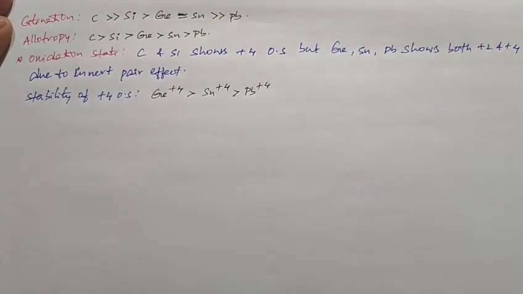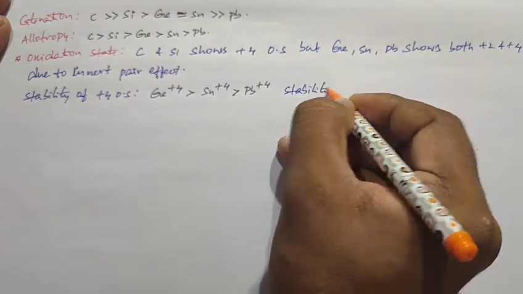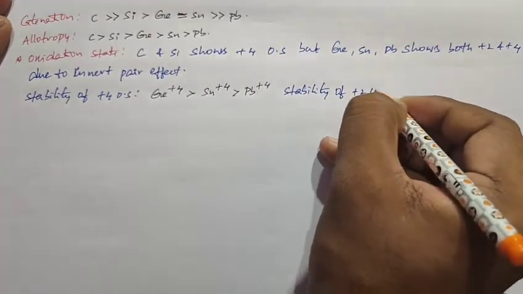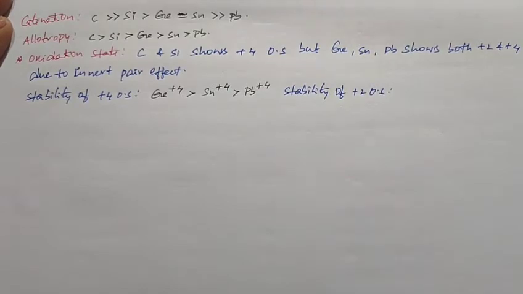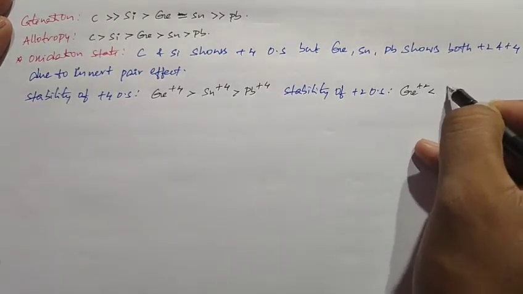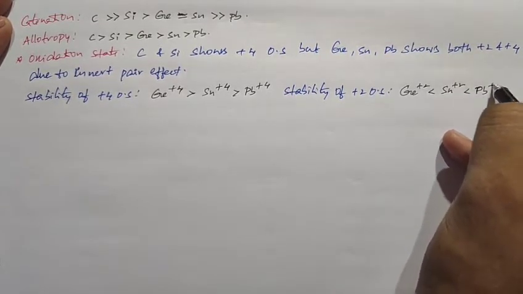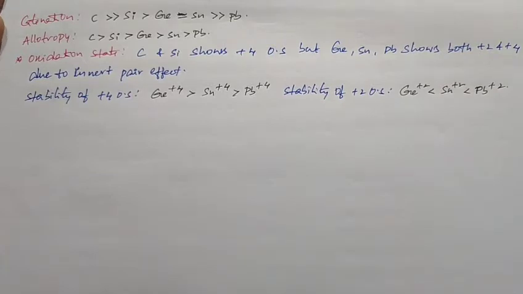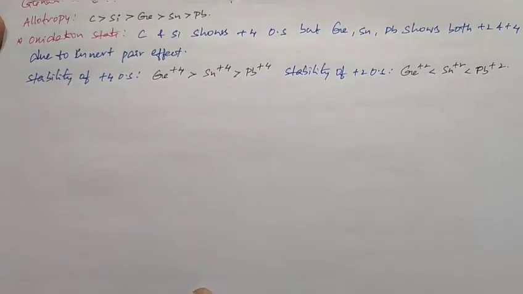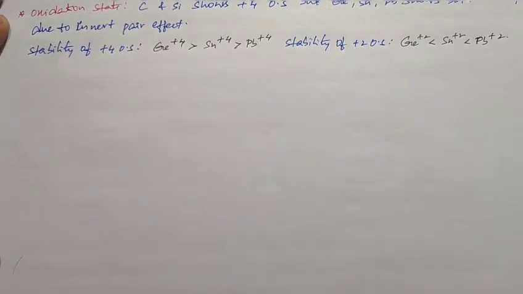At the same time, the stability of the +2 oxidation state increases down the group. Germanium is least, tin is next, and lead is highest due to the inert pair effect. So these are the physical properties of group 14 elements. Next one is chemical properties.